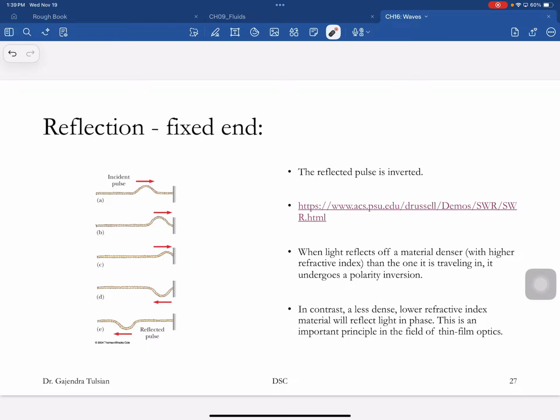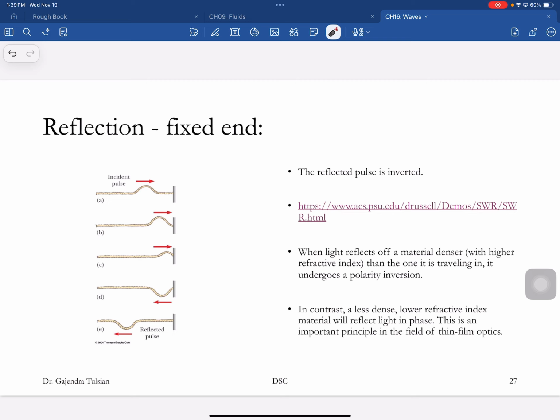Now we want to learn how waves reflect. For instance, if you're in a big hall, you get a sound like this, and then if the walls were concrete, you would get an echo from the reflection, and that can mess up the quality of the sound. Concrete walls reflect quite well.